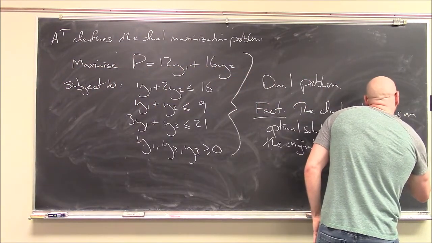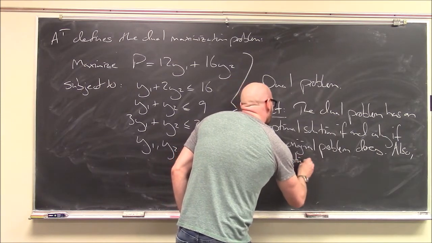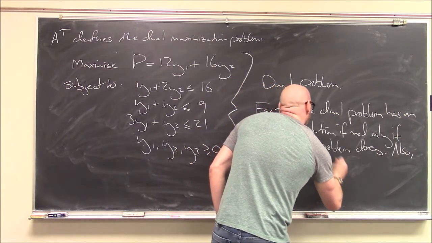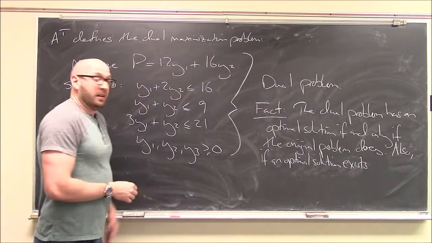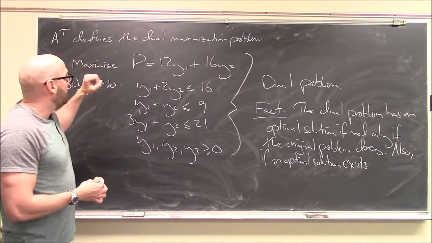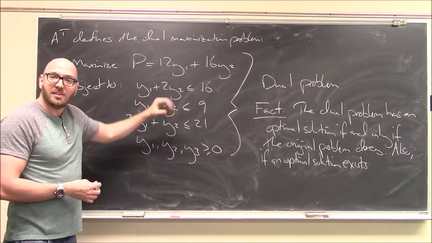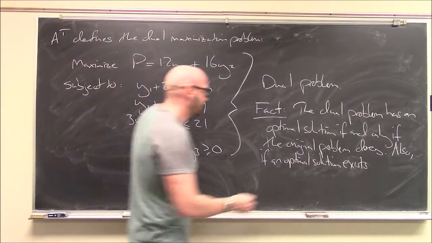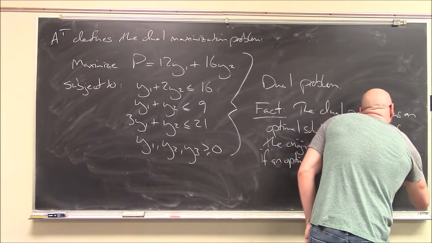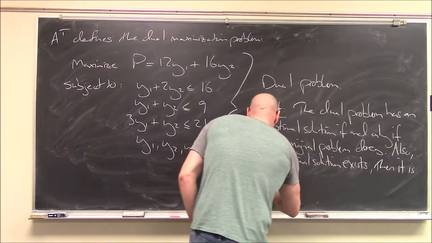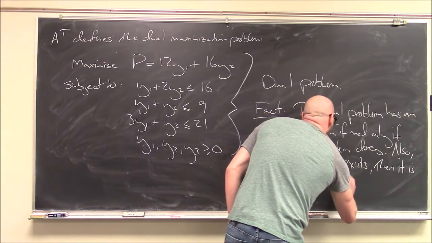So if I can find an optimal solution, a maximal value for P in this dual problem, that's the minimum value for C in the original problem. Alright, so if an optimal solution exists, then it is the same for both problems.